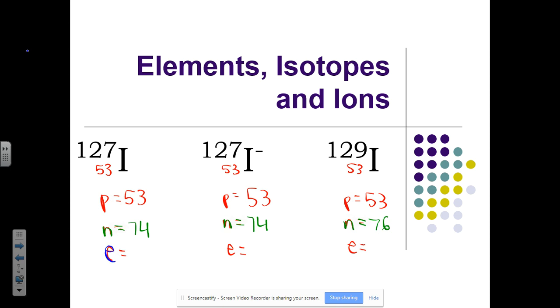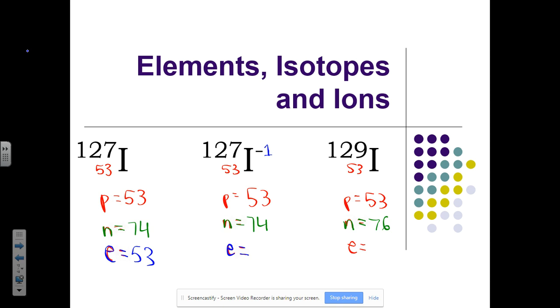So in this case, there is no charge on iodine. So that means that we must have equal protons and electrons. So 53 positive charges and 53 negative charges equals 0. In this scenario, the next one, we have a -1 charge. So we don't always write the 1 in there. It's just like in algebra. You don't have to write 1x.